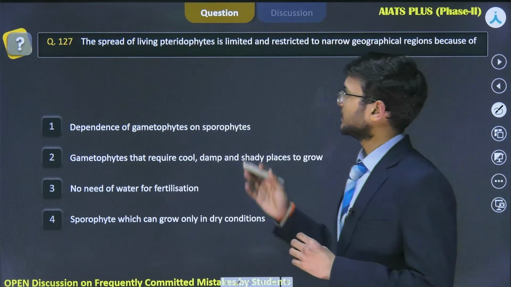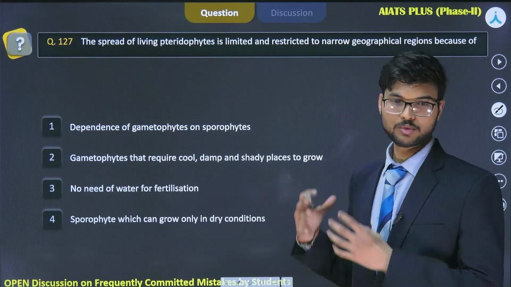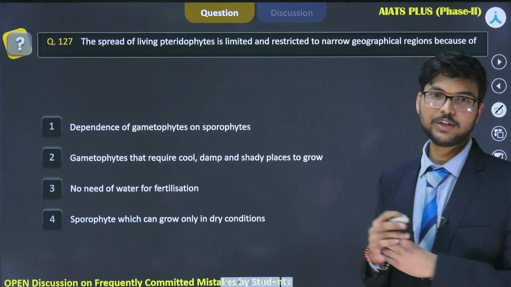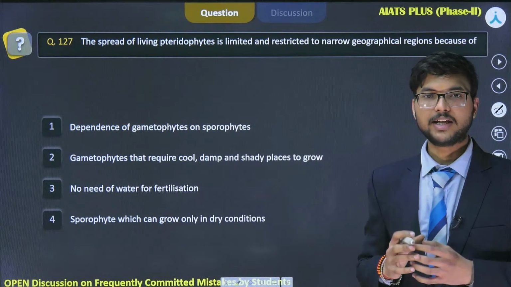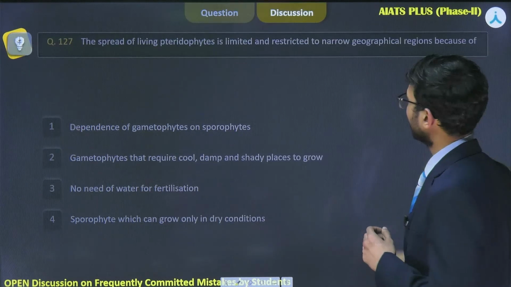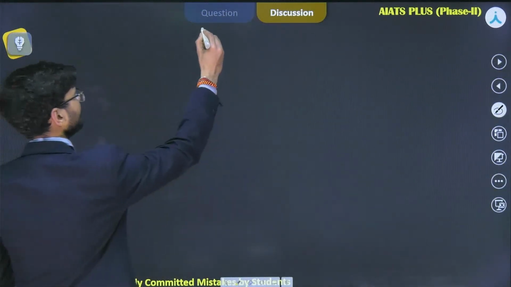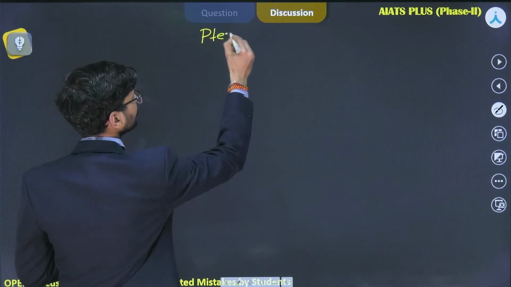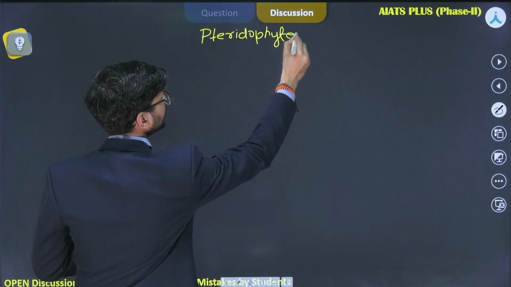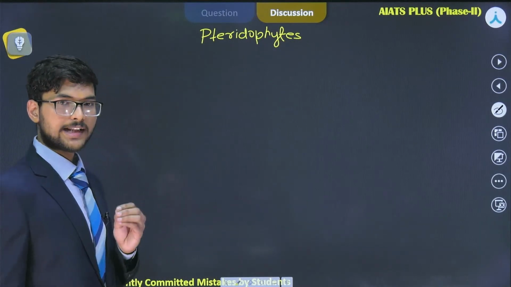so to understand the pteridophytes limitation with respect to the geographical regions, we need to understand the life cycle of pteridophytes. Okay, so let's start and study the life cycle of pteridophytes. Basically pteridophytes are also called the first terrestrial plants containing vascular tissues.